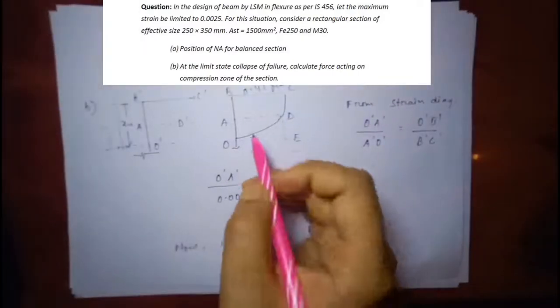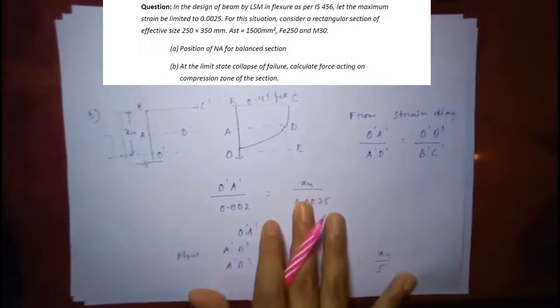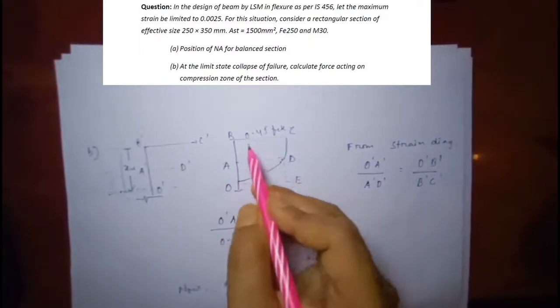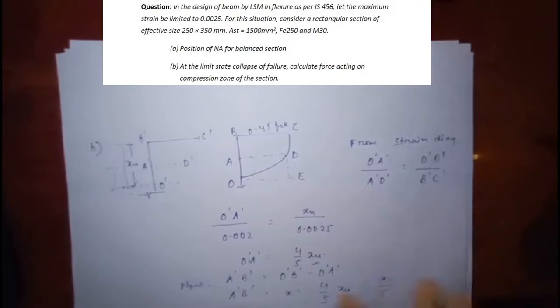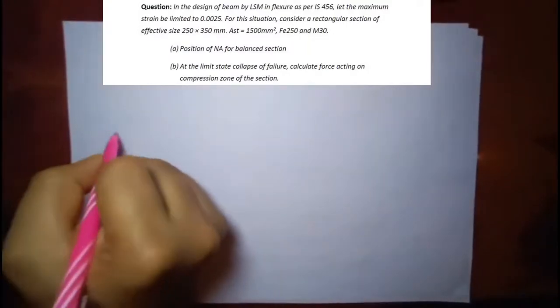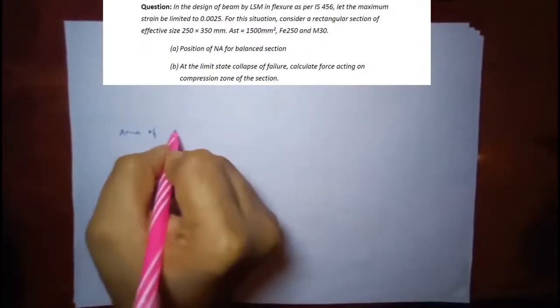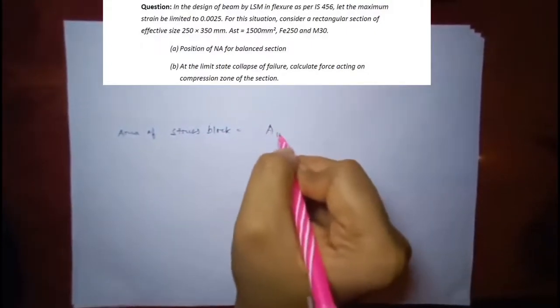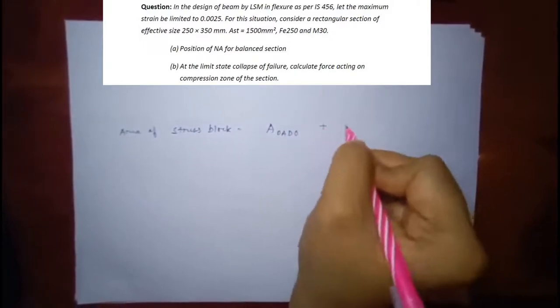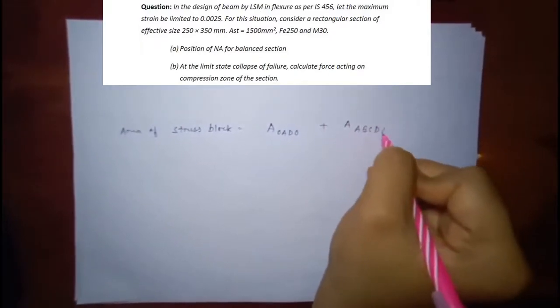Now the area of stress block is given by OADO and ABCDA. The area of stress block is given by area of OADO plus area of ABCDA.